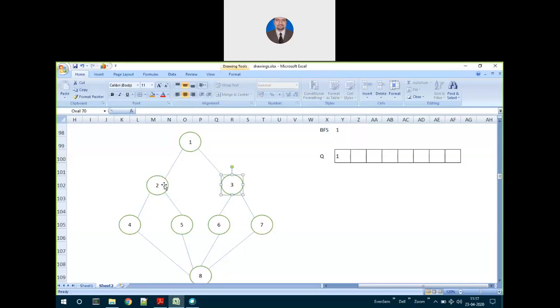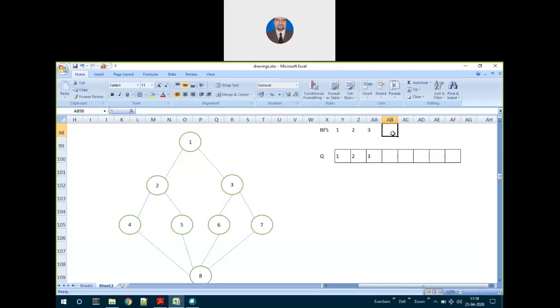I will visit 2, mention that 2 in my BFS search, and at the same time add this 2 into my queue as well, because it is still unexplored. And 1 is also connected to 3, so now I will visit this 3 as well. I will add 3 over there, and at the same time add it into my BFS also.